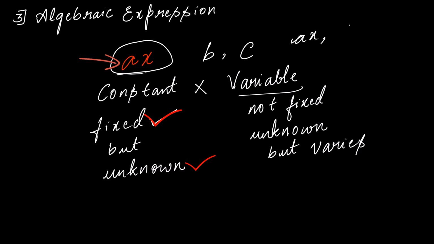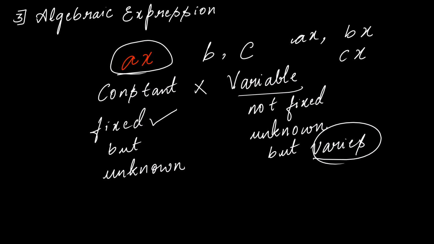We can write ax or bx or cx, anything. So a is a constant, fixed, but unknown, and x is a variable. It is changing or it varies. Even though both are letters, they do not mean the same thing.